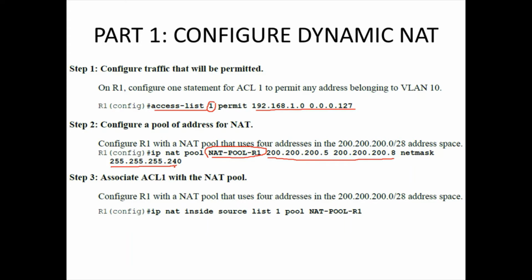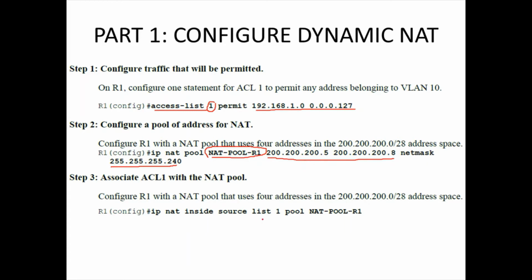You have to assign IP addresses that are not being used in the network. For example, if you have the interface address 200.200.200.2, don't use that. We need to use available IP addresses in the public network.